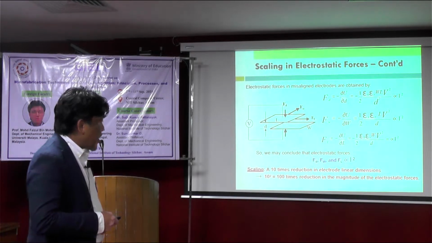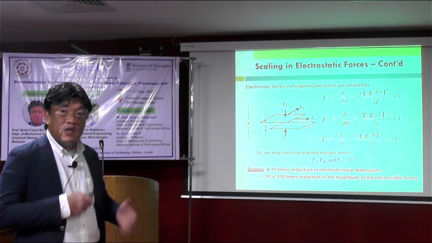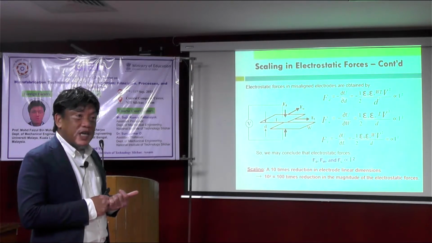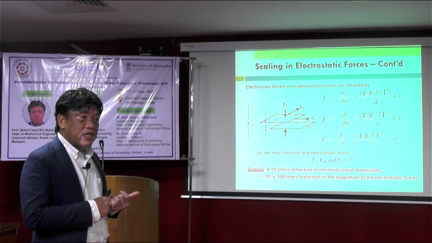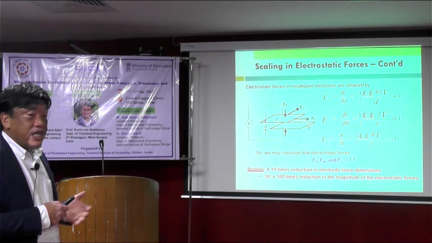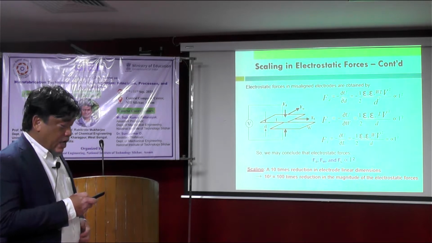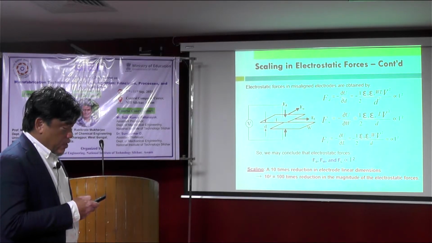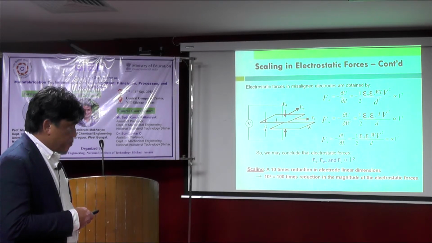So that is where you can play around from the design. When you scale down or you can try to increase the size, then you can get different force, not linear. Okay, it's a nonlinear kind of relationship.